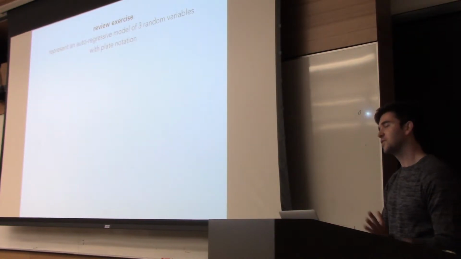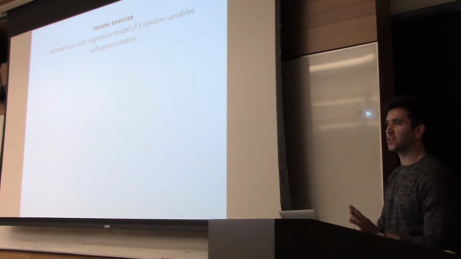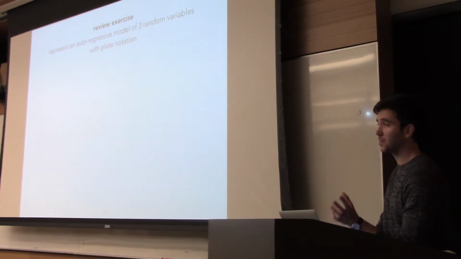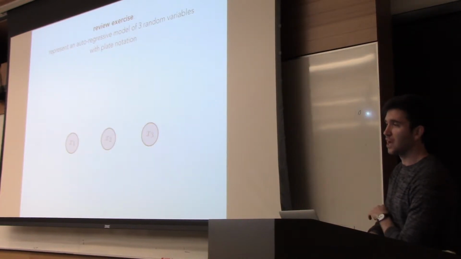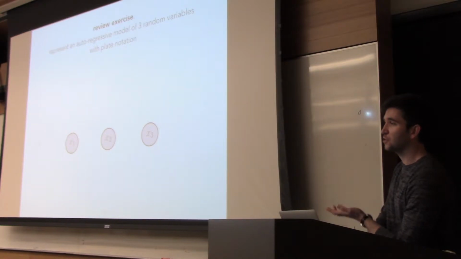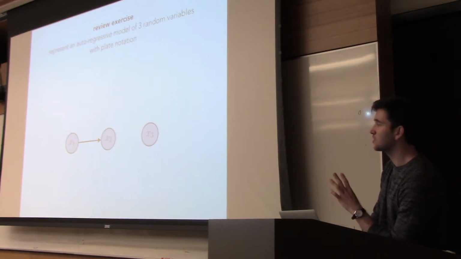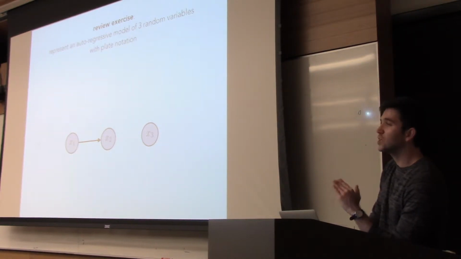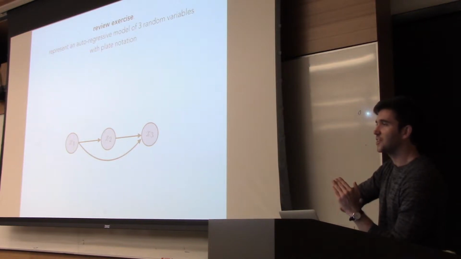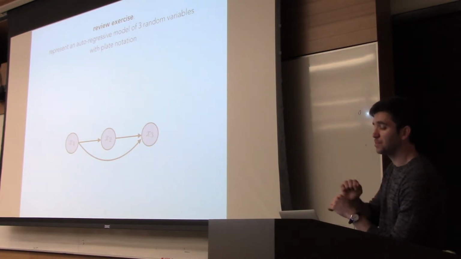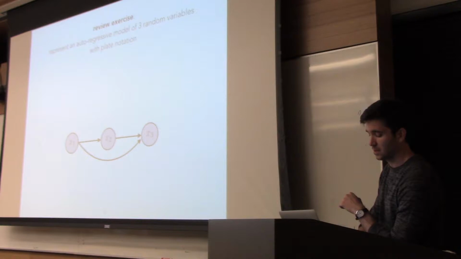So let's go back to autoregressive models for a second and think about how we might represent that in this plate notation. So we have, for instance, 3 variables here, x1, x2, and x3. And we might say, okay, we know that there's these conditional probabilities. Let's say that we have x2 given x1, and then we say that x3 is generated based on x1 and x2.